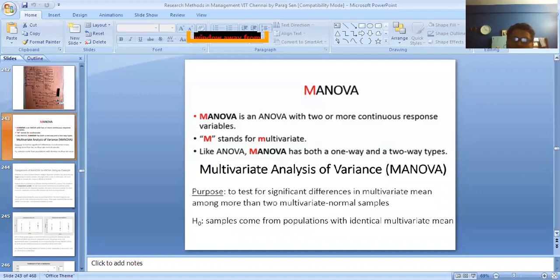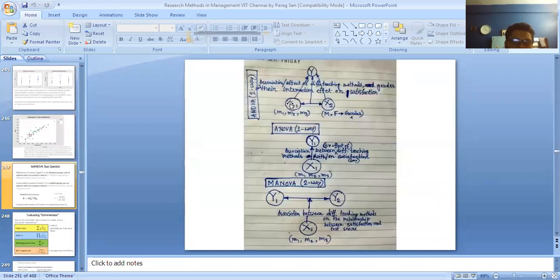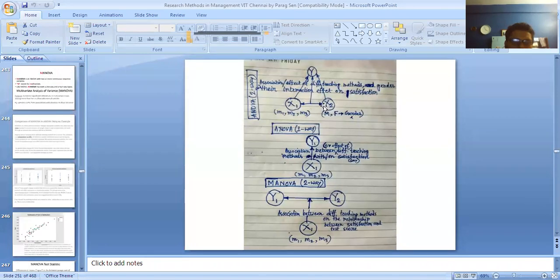In case of one-way ANOVA, we have seen that there is one independent variable and one dependent variable. In case of two-way ANOVA, we have seen two independent variables and one dependent variable. Similarly, in case of three-way ANOVA, there will be three independent variables and one dependent variable.